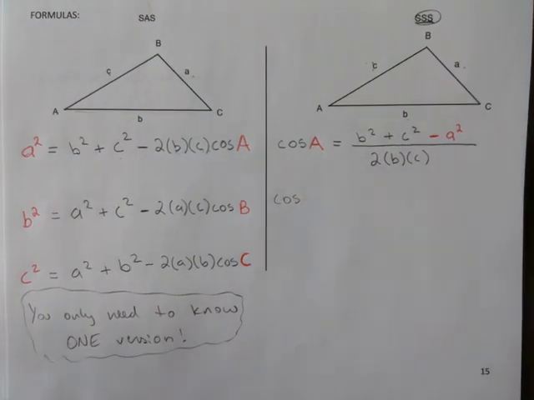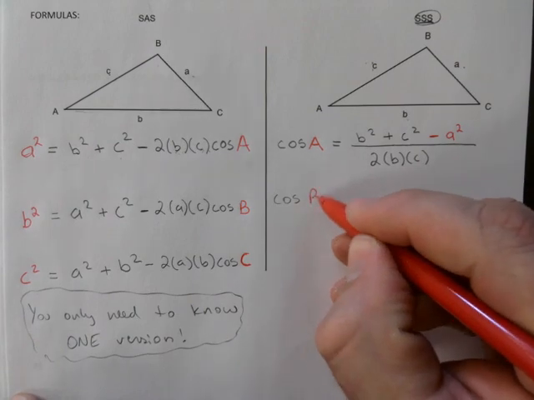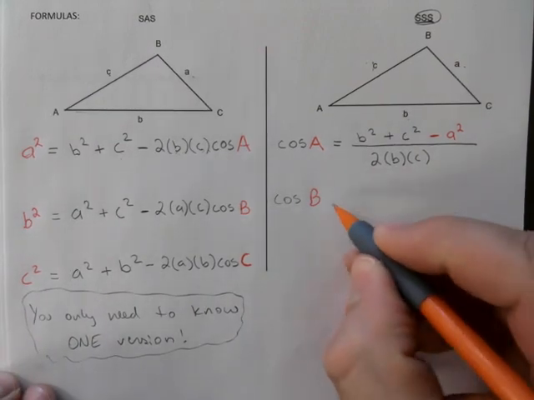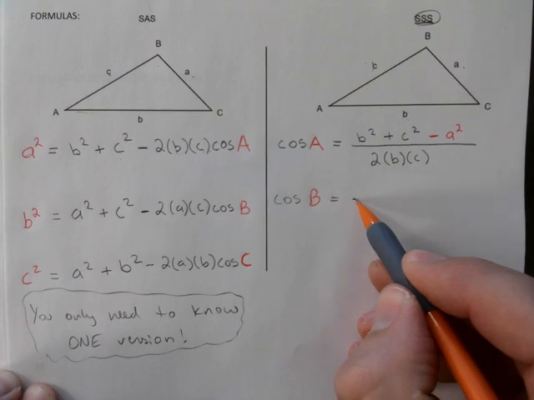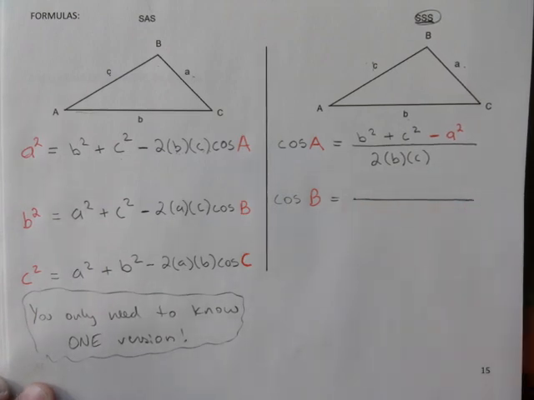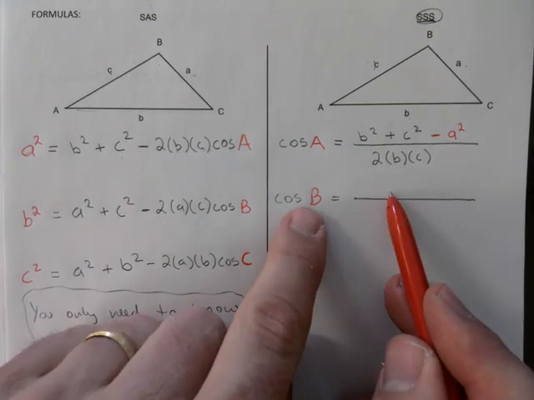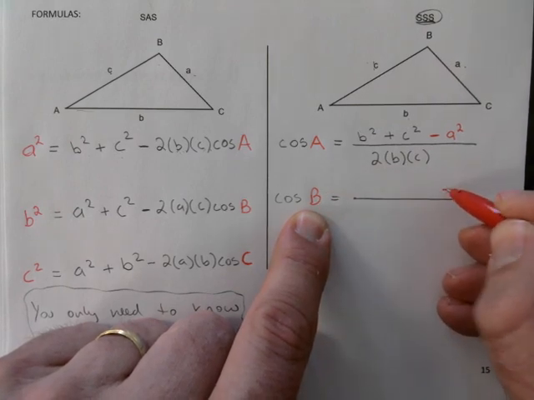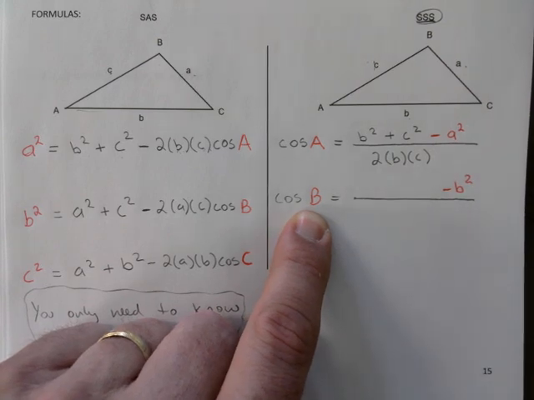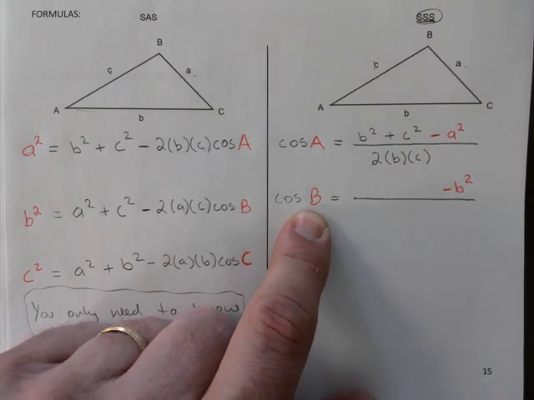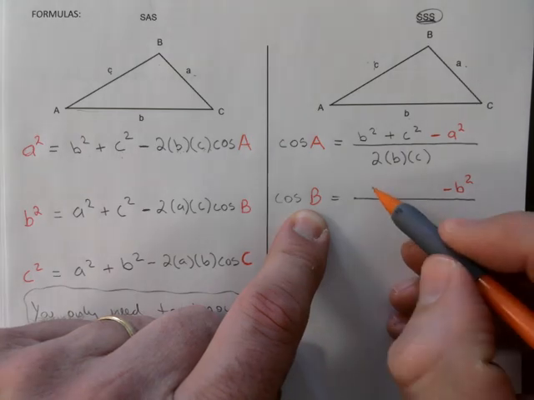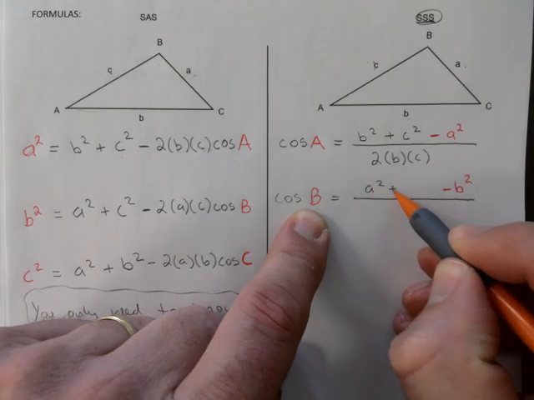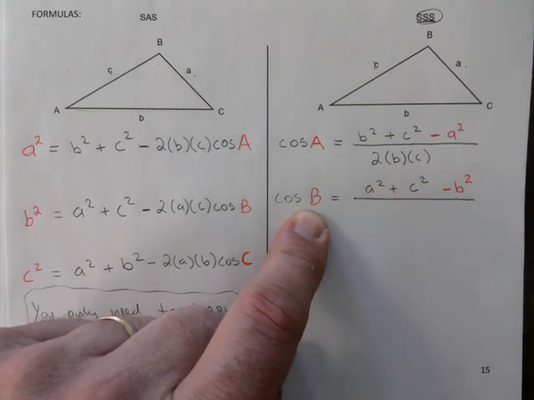So if you wanted to solve for angle B, watch this. This is what I want you to do from now on. When you work with this formula, you're not going to do anything here. The first thing I want you to do is, okay, the side across this angle is going to come back here. Subtract. That's my first order of business. And then I'm going to take the other two sides and just square them and add, right?